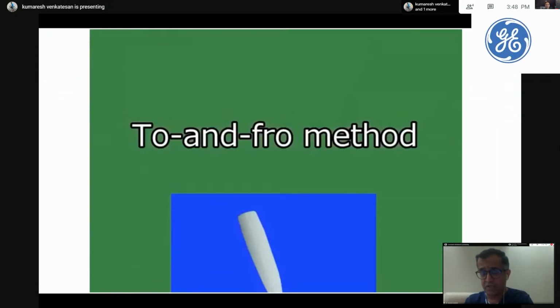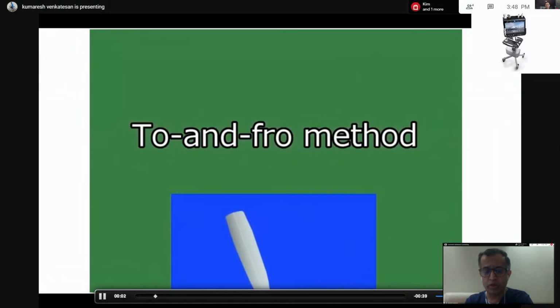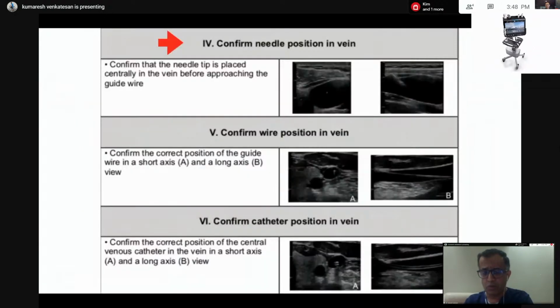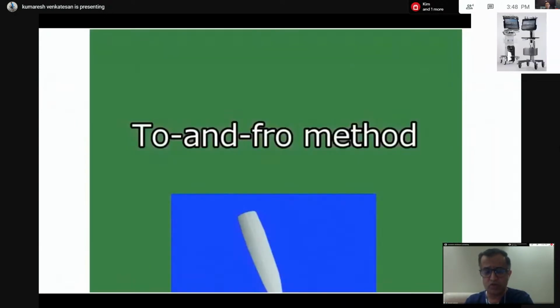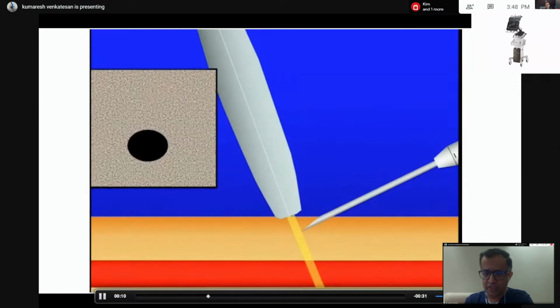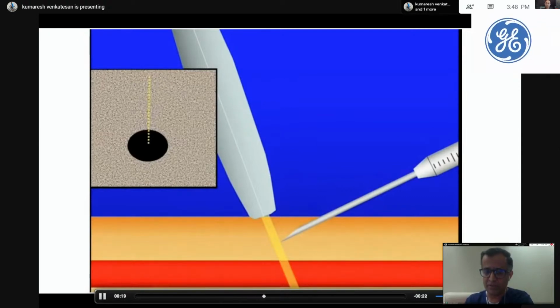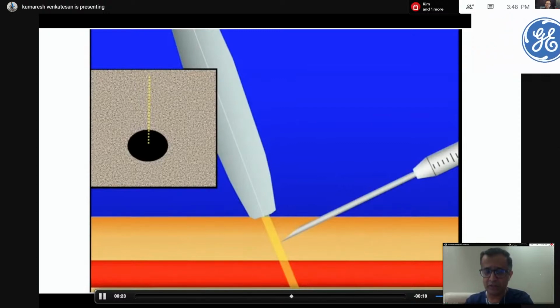What I call that is the to and fro method. Why do I say to and fro method? Once you have made the skin puncture and the needle is advancing, you have this to and fro motion of the probe tilted at 90 degrees, looking for the shaft and the tip of the needle.